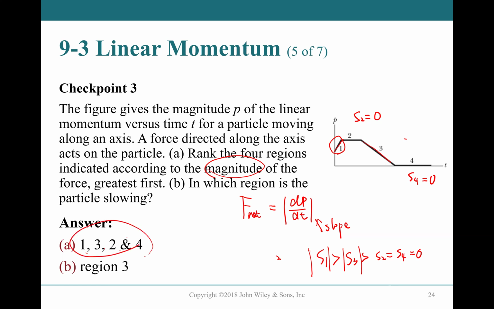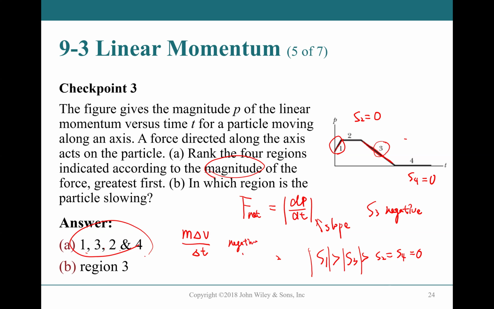Okay. And the other thing you also notice is that S3 is going in this direction, so our S3 is actually negative. Right? So what does negative mean? Negative means m delta v over delta t is negative.